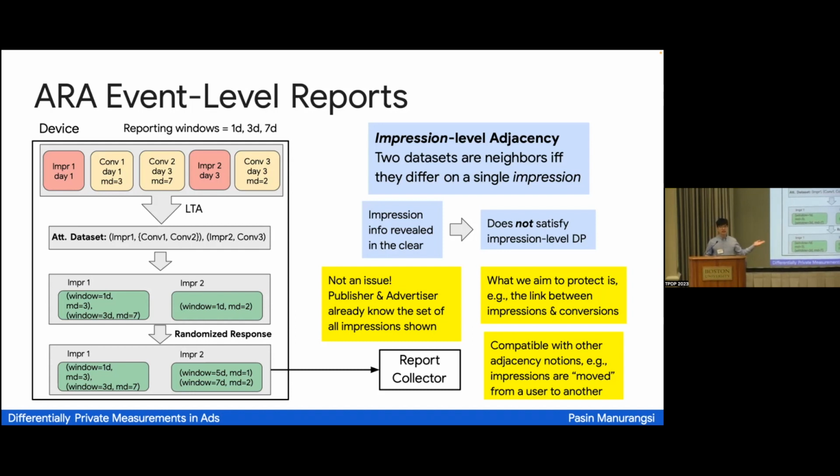Under this neighboring notion, this API does satisfy impression level DP. That notion corresponds more to what we are trying to protect here, which is linking the user cross-site. So this notion of DP seems like an appropriate one here.